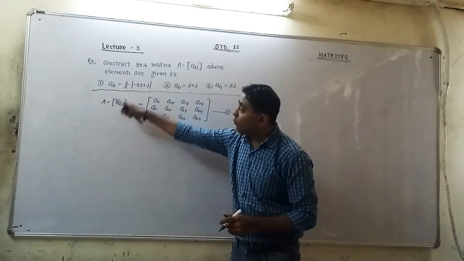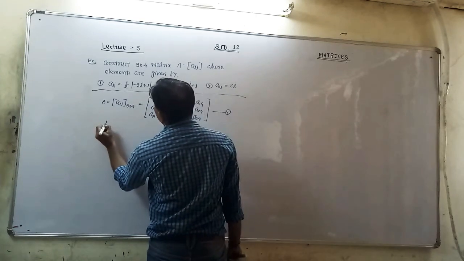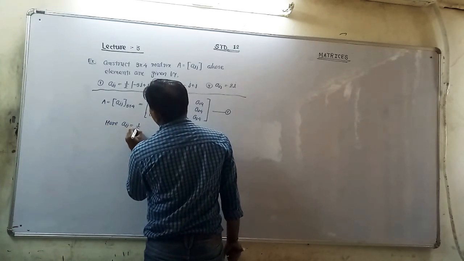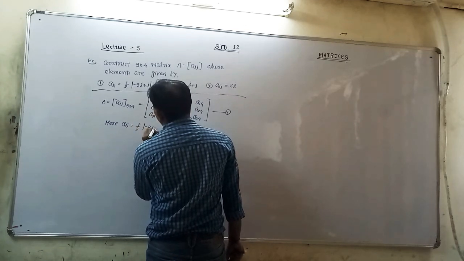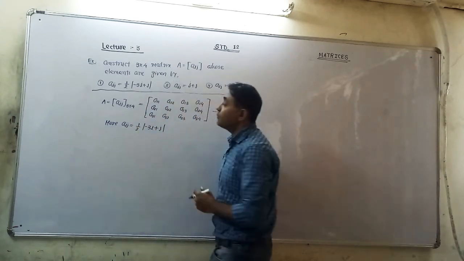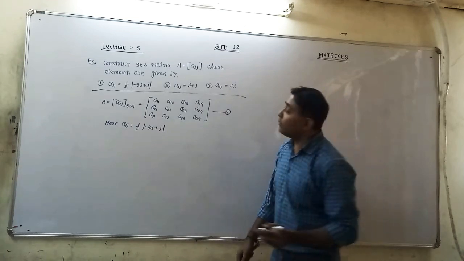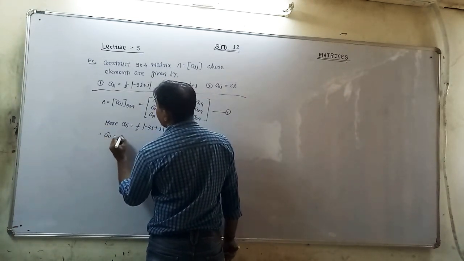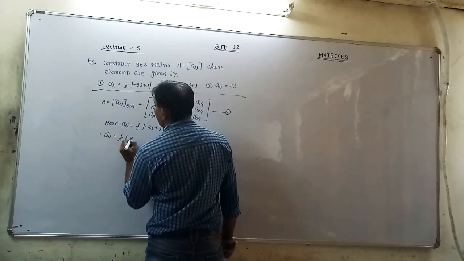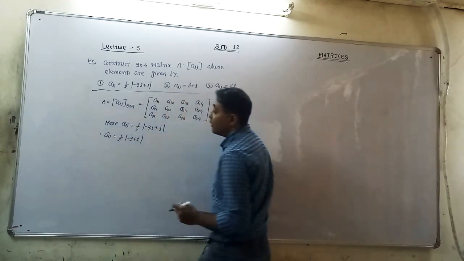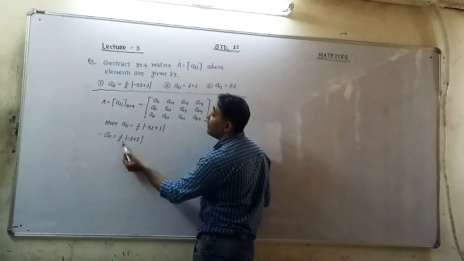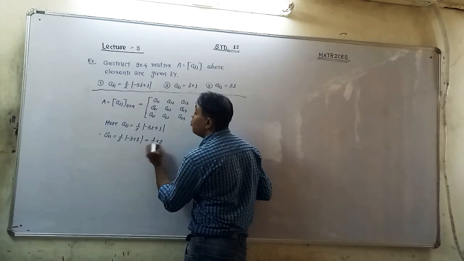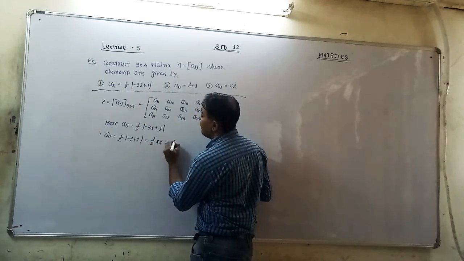Now let us apply this formula. Here Aij is equals to 1 by 2 and modulus of minus 3i plus j. So I think you just put all the values. Therefore A11. What is A11? Put i as 1, then 1 by 2 modulus of minus 3 plus 1. See here, I directly write the values minus 3 and plus 1, that is 1 by 2 into 2, and so the answer is 1.